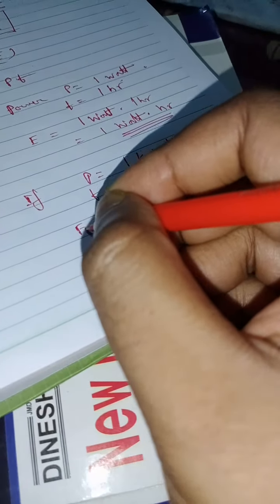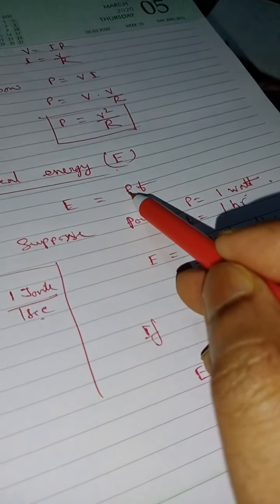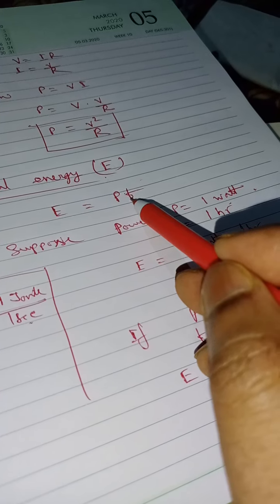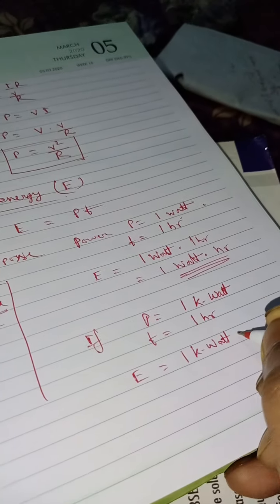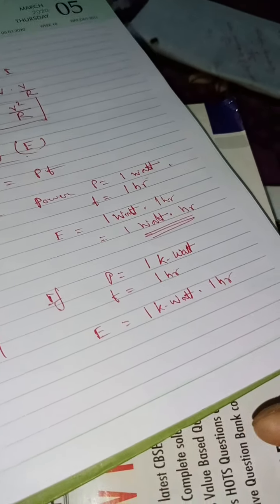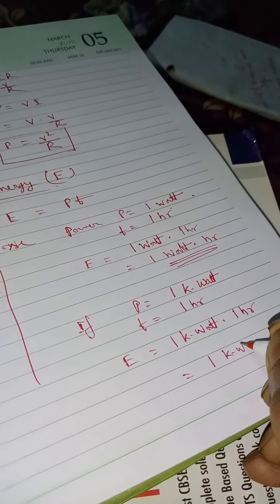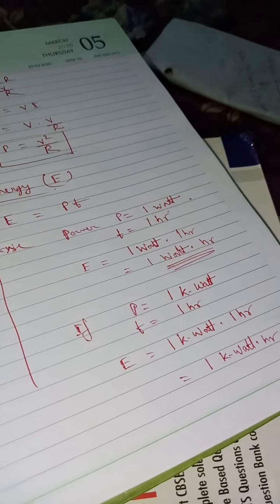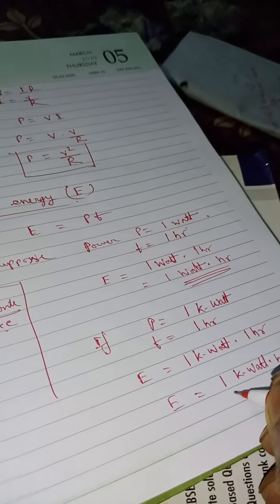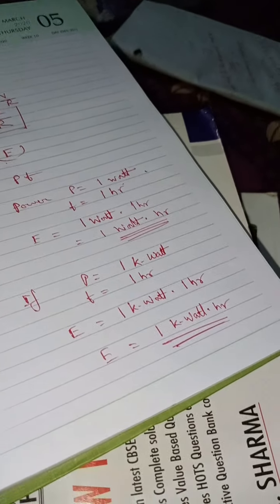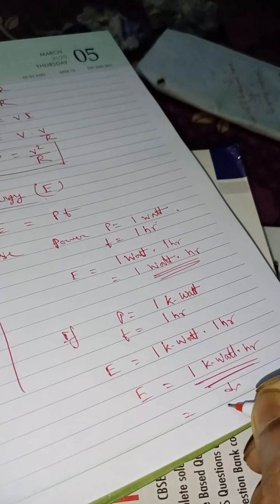That means E is equal to, in place of P we put 1 kilowatt, in place of T we put 1 hour. That means 1 kilowatt into 1 hour is equal to 1 kilowatt hour.